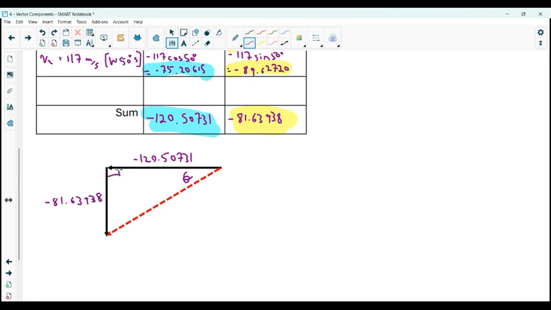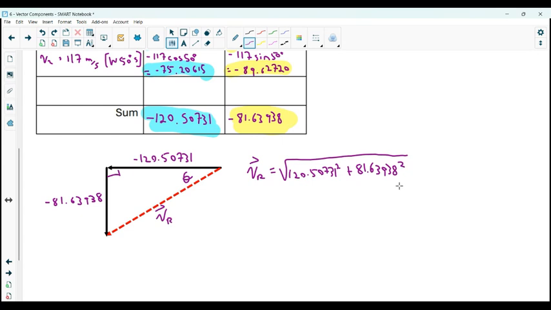Okay, now I'm going to do what I did before. How do I figure out the resultant velocity? Well, I've got to use Pythagorean theorem, and then I've got to use tan ratio. Let's do them nice and quick because we're pretty good at this now. Pythagorean theorem: my resultant velocity is going to be the square root of 120.50731 squared plus 81.63938 squared.